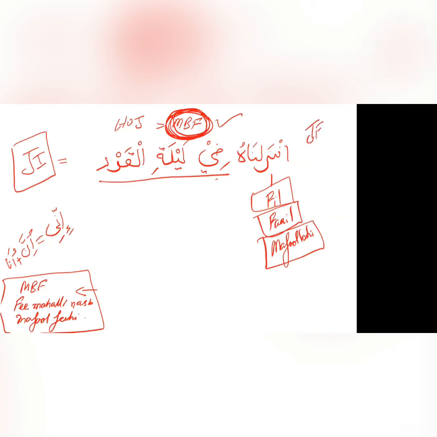But because there is always a purpose behind Allah using certain words, this fi laylatil qadri, this HOJ fragment, if we delve deeper into the meaning, anzalnahu, we said that we sent it down. And we know that the pronoun means Quran. And this means in the night of power.